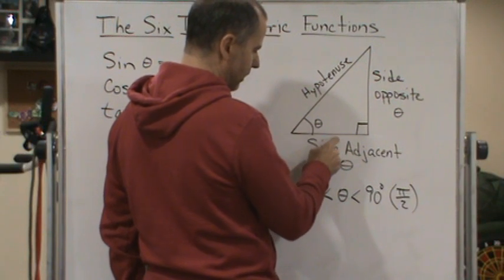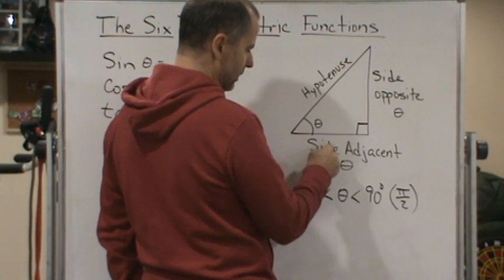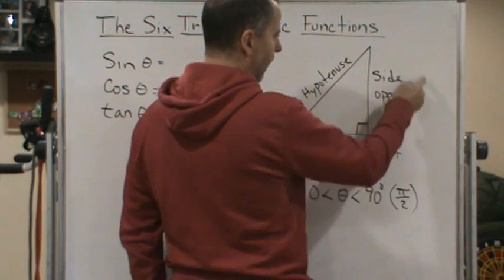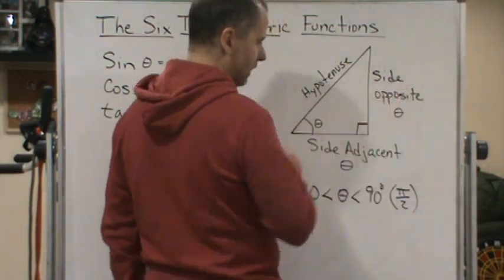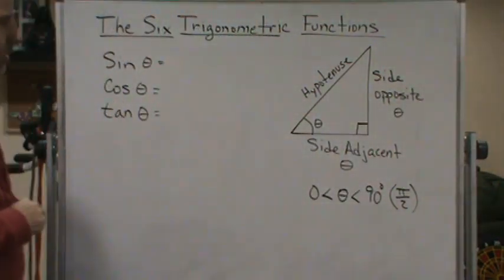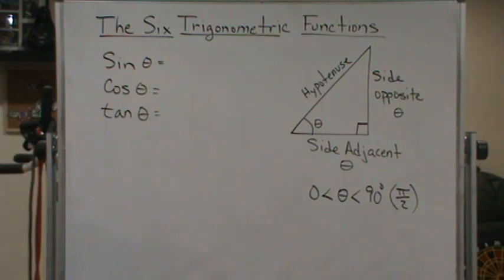The side that's next to the angle is the adjacent side, and then we have the side that's opposite theta. That's the relationship that we want. Now, we also know that since we're dealing with the first quadrant, all the trigonometric functions are positive.